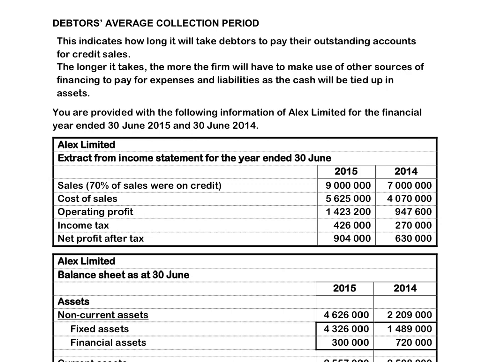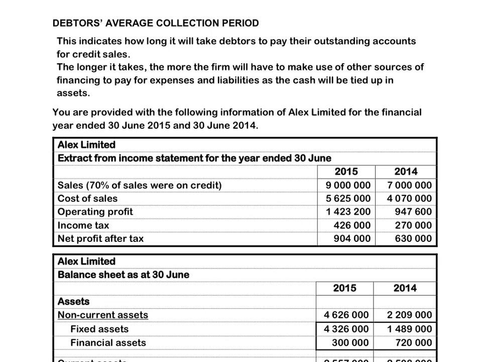Good afternoon. We will pay attention to analysis and interpretation today, and we will pay special attention to the debtors' average collection period. This indicates how long it will take debtors to pay their outstanding accounts for credit sales. So after the date the goods were sold to them, how long it takes them to pay for the goods.